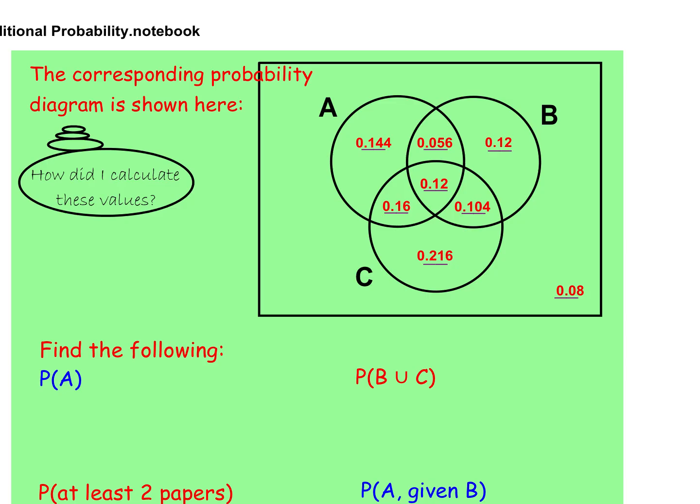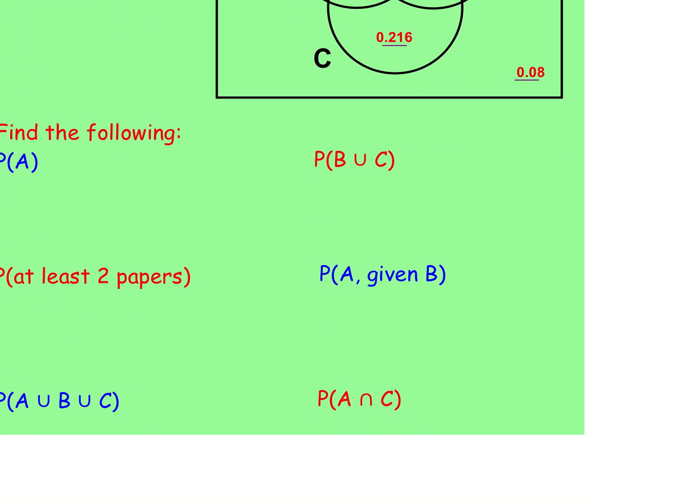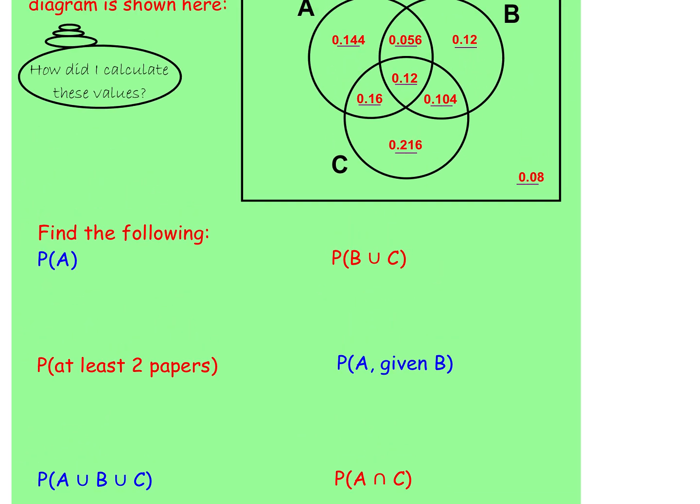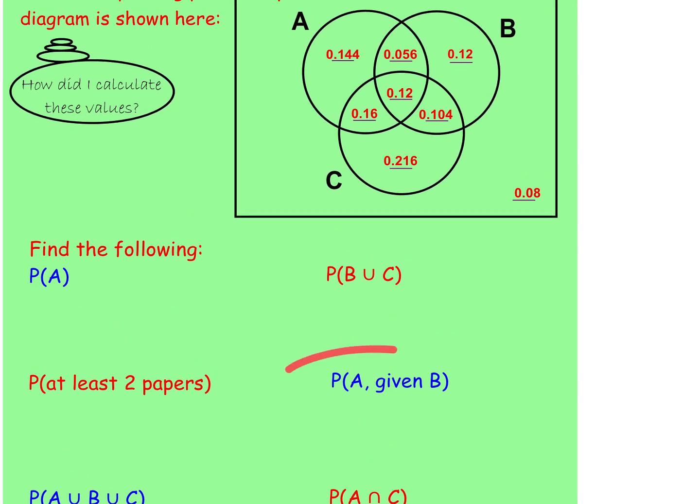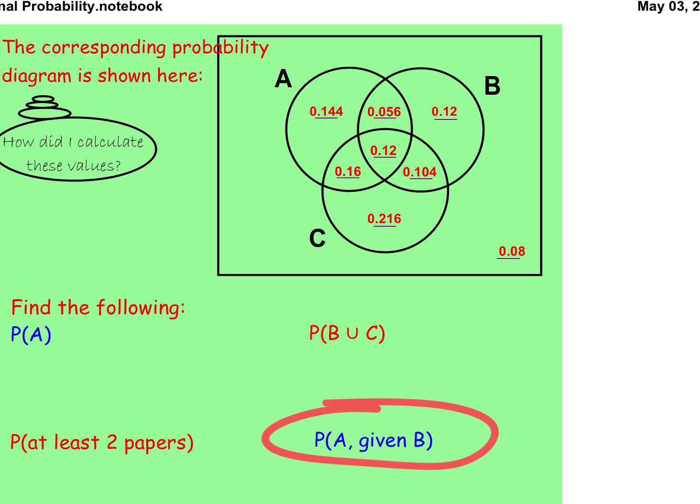All right, so the only one here that I think is scary at all is this one. So would you just skip all the other ones and just do that one problem? P of A given B. That's called a conditional probability. The given part is what makes it conditional.